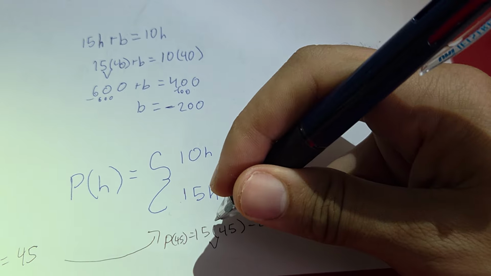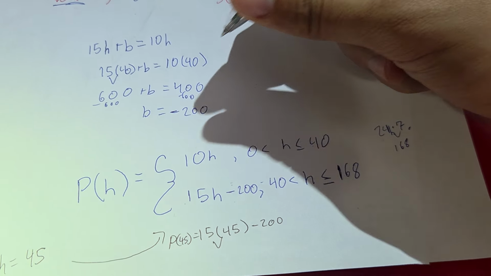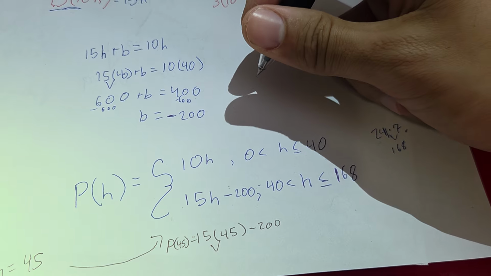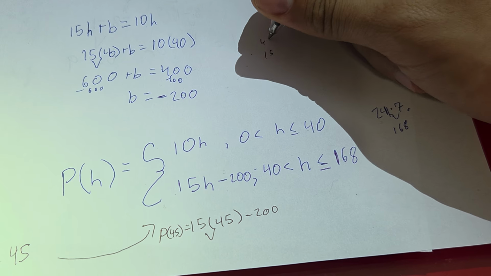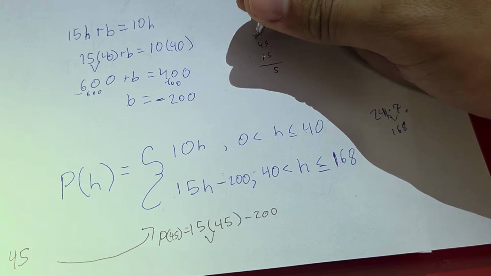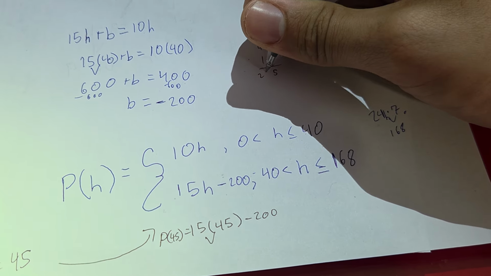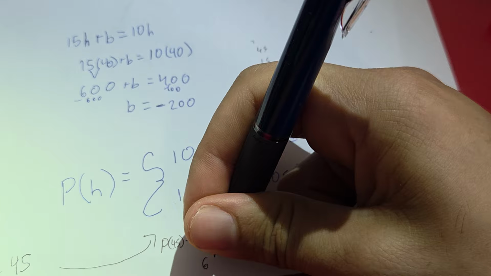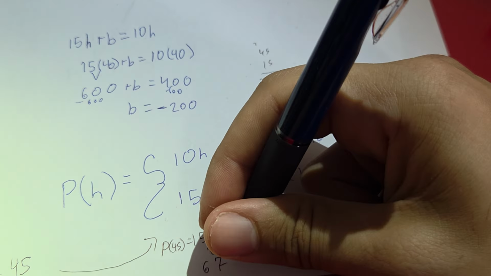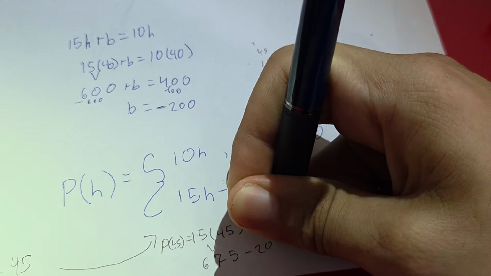This ends up being, off the top of my head, I cannot. 15 times 45 is 675 minus 200.